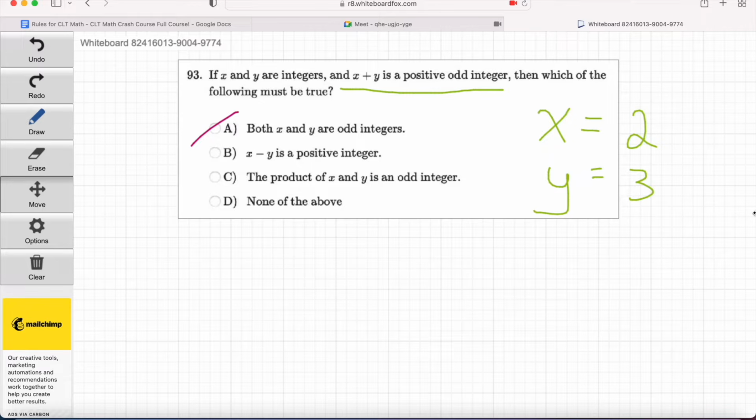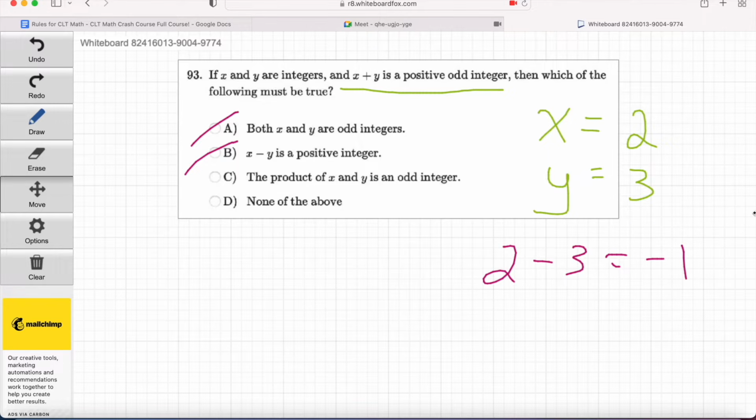No, because what's x minus y? It would be negative 1. 2 minus 3, yeah, it's negative 1. It's not even positive. It's negative. So it can't be B. Does that make sense? Okay.